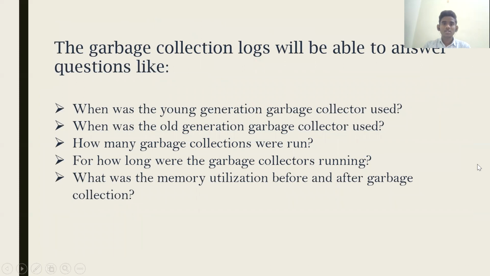The garbage collection logs will be able to answer questions like: when was the young generation garbage collector used? When was the old generation garbage collector used? How many garbage collectors were run? For how long were the garbage collectors running? What was the memory utilization before and after garbage collection?